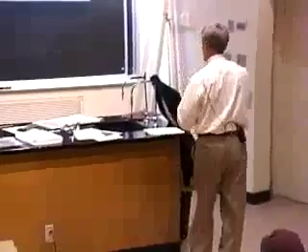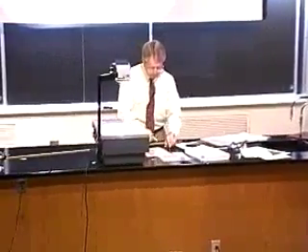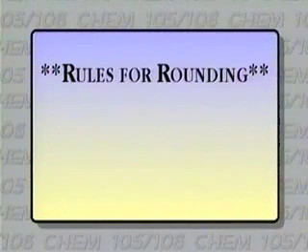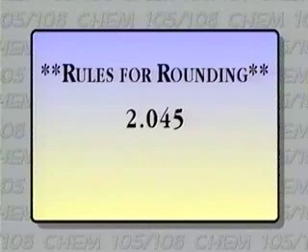Let me just write up two numbers here to show what I mean. If we had an exact number here of 2.045, because the number preceding here was already an even number, we would drop it.